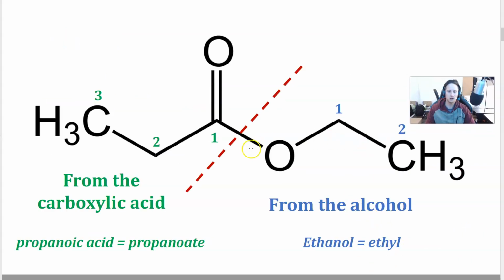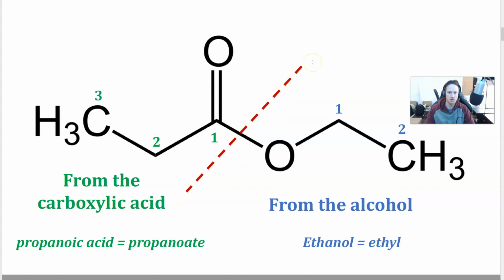So the skeletal structure can be observed like this. Now, this is our ester, and when you are trying to identify the constituents of your ester, so you want to have an ester and break it up into the carboxylic acid and the alcohol, you want to get your ester functional group and just imagine a line cut through the middle there.